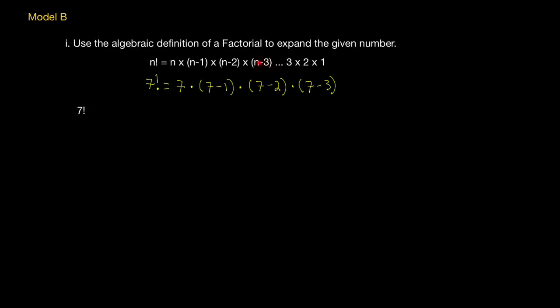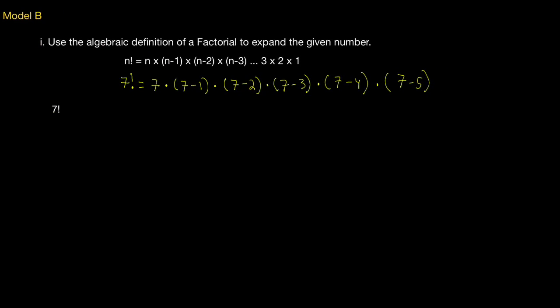Here it only went up to 3, but for 7, since it's a bigger number, I can keep going. I'm going to be doing 7 minus 4 times 7 minus 5 all the way to 7 times 7 minus 6. And I know it may seem a little bit strange for now, but in a few seconds, you're going to see that this is basically this pattern right here.